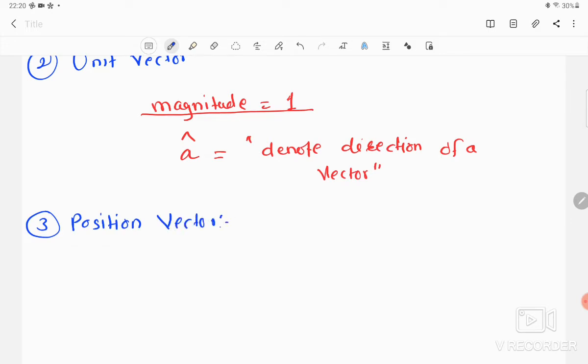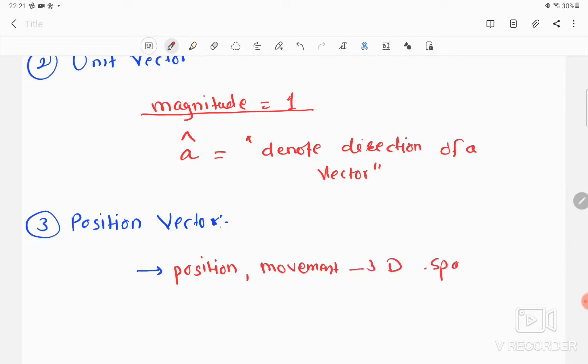As its name suggests, position vectors are used to determine the position and movement of a vector in 3D space.